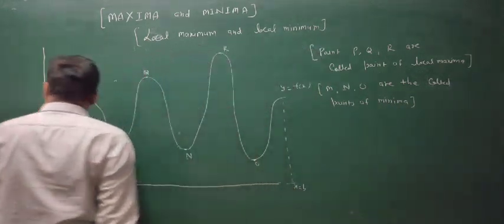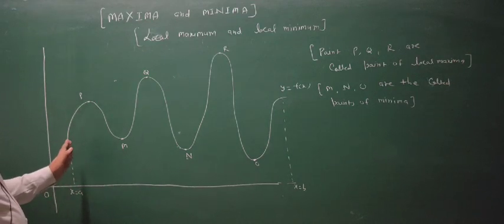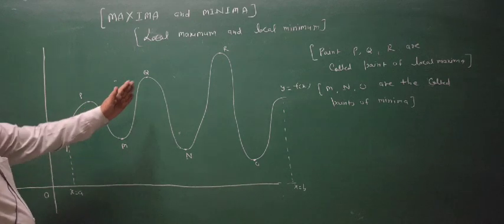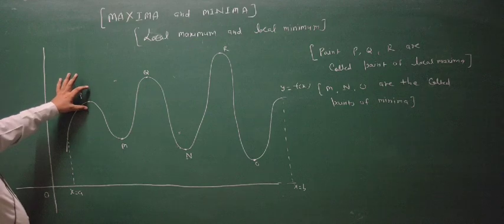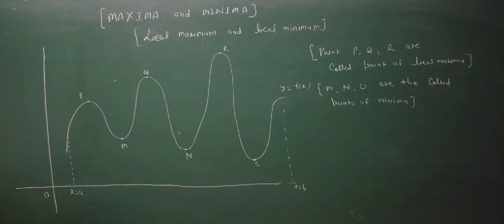So during the drawing of the graph, the function shows the height at some points and depth at some points. Where the graph shows the height, these points are called points of local maximum, and M and O are called points of local minimum.